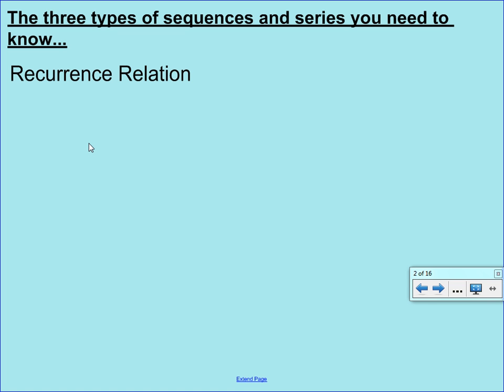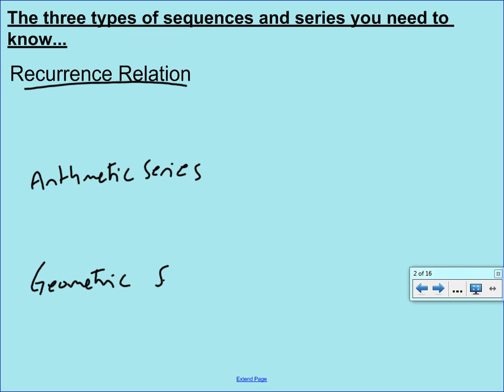Okay, so there are three types of things that you need to know: recurrence relation, arithmetic series or sequences, and geometric series or sequences. Each of them has its own specific traits, and that's what we need to be able to identify and recognize.